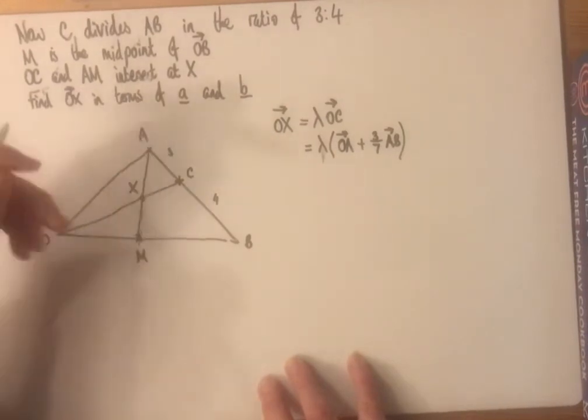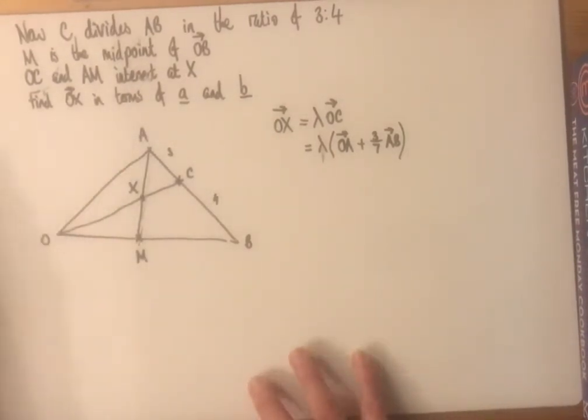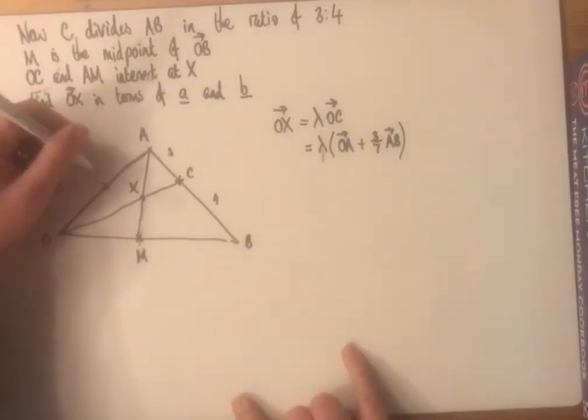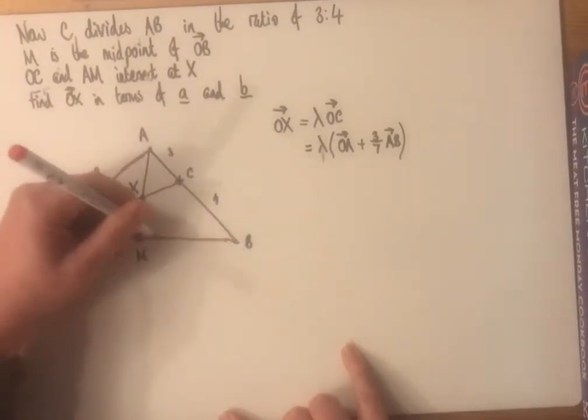So I need to try and get all of this in terms of a and b.